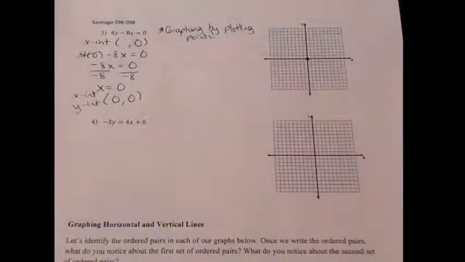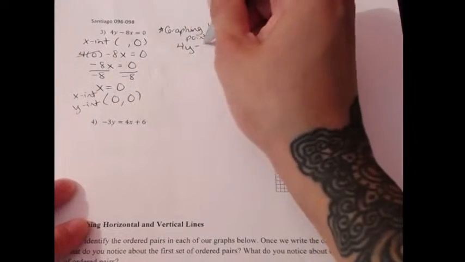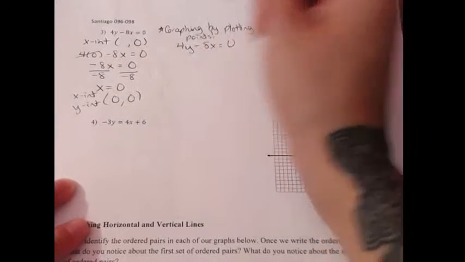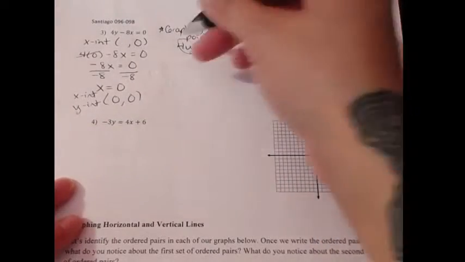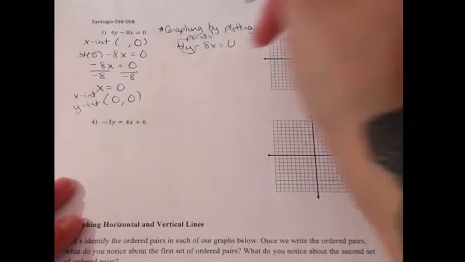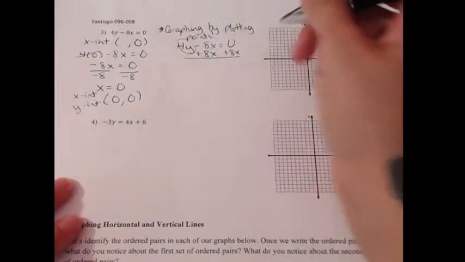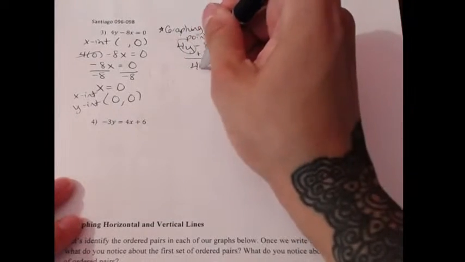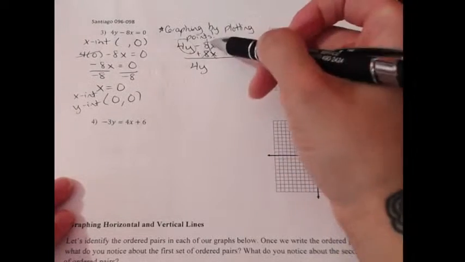So let's take a look. I'm going to start by getting y by itself. This is the term I want isolated, so negative 8x has got to go. I'm going to add 8x to both sides. That leaves me with 4y. Notice these two are additive inverses, so they cancel each other out, leaving you with a 0.